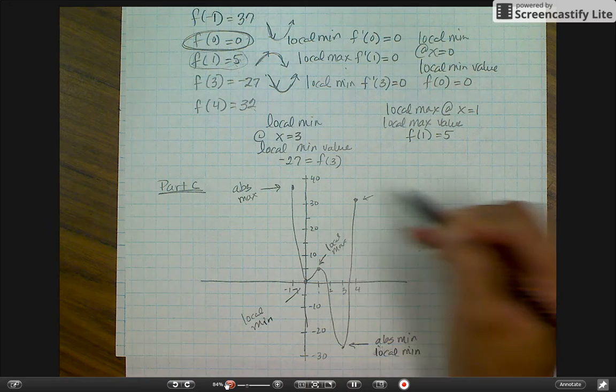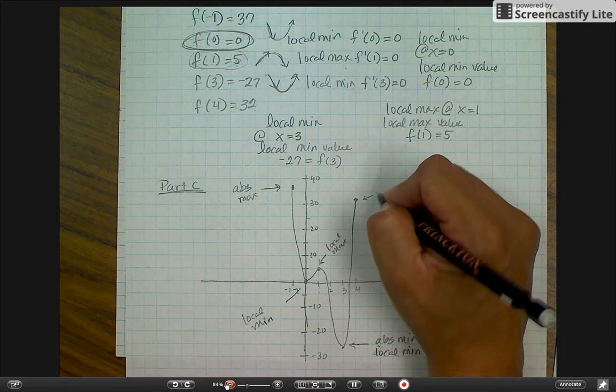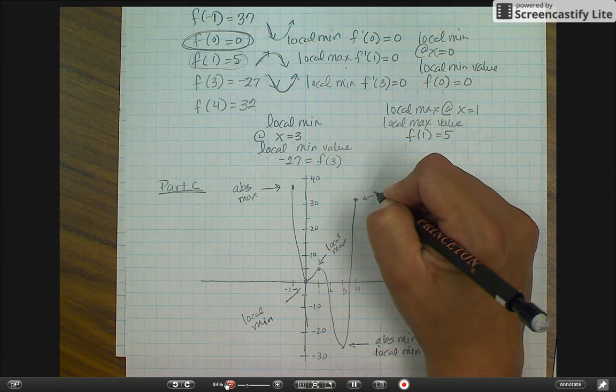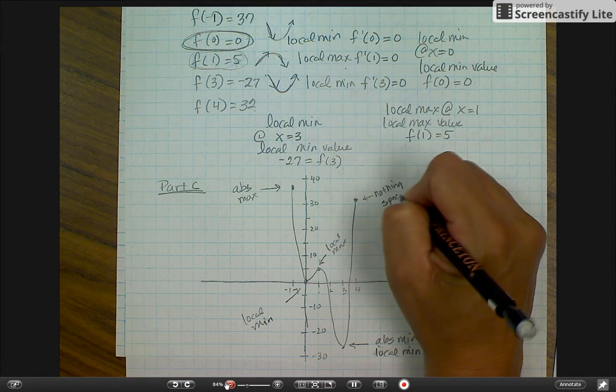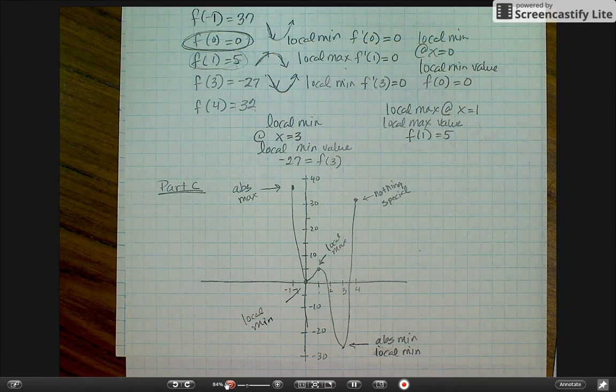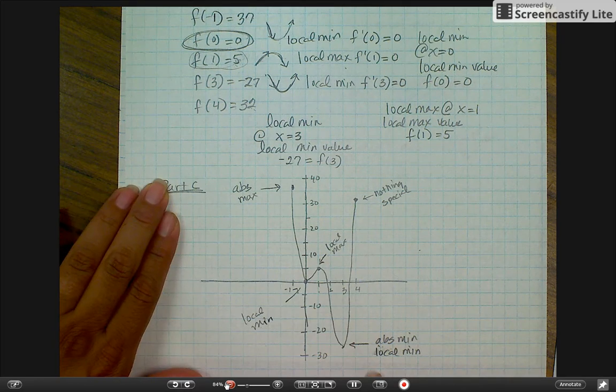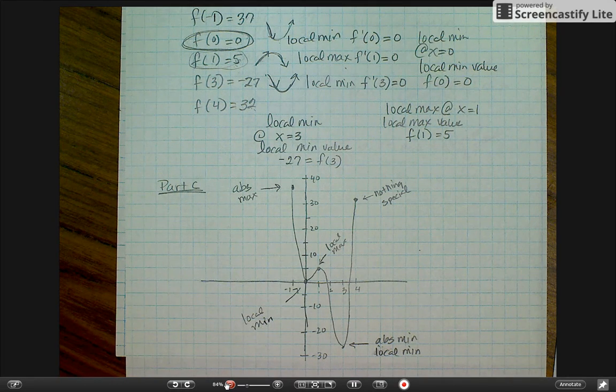And this right here is not a minimum or a maximum. It's nothing special. It's just a point. Okay? And this graph matches up with the information that we came up with in our previous steps. All right. Good luck to you.